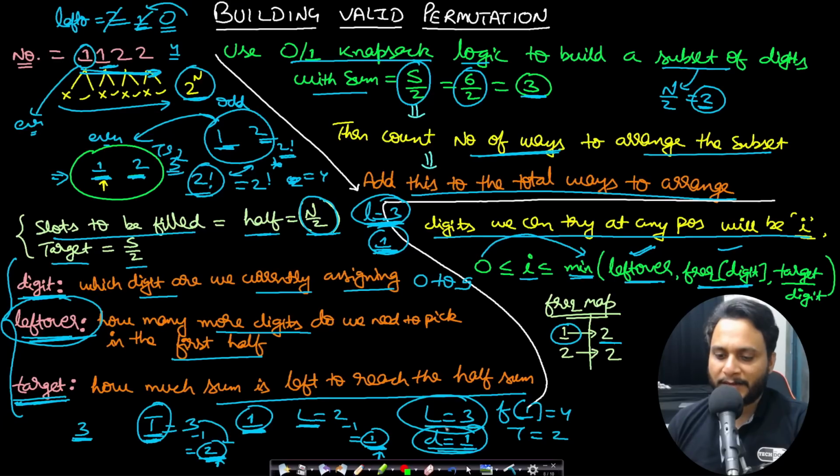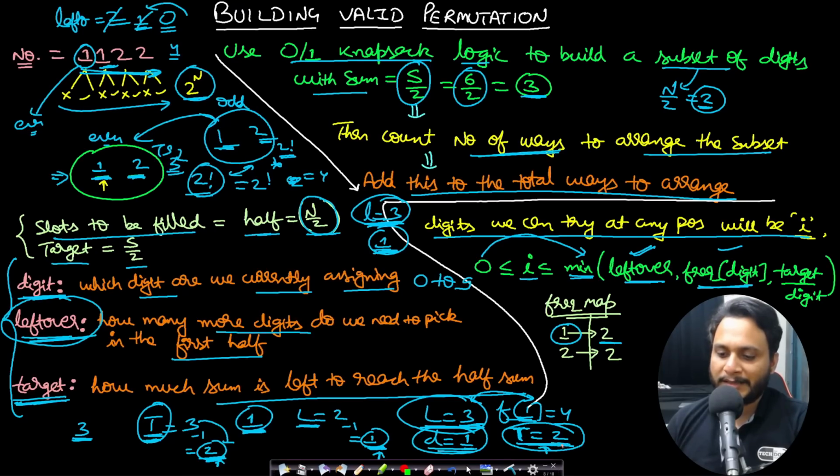You cannot say that I will include it leftover times, or I will include it minimum of frequency of 1 comma leftover times. No, because if you do that, then you will be including 1 three times, and so you will be over including and not exactly including target sum 2, because if you exceed, you will go beyond a sum of 2. If you remain at a lower place, then you will not be able to form a sum of 2, right? So exactly you have to form this target 2.